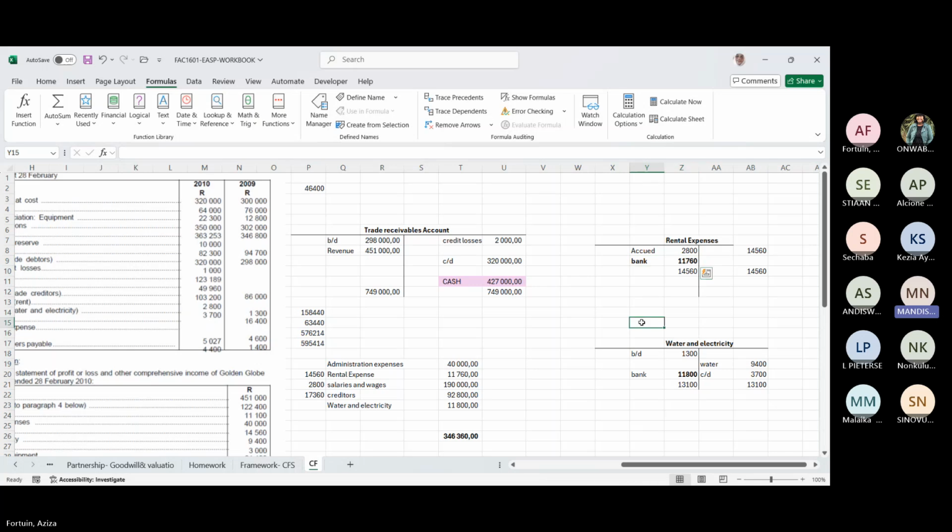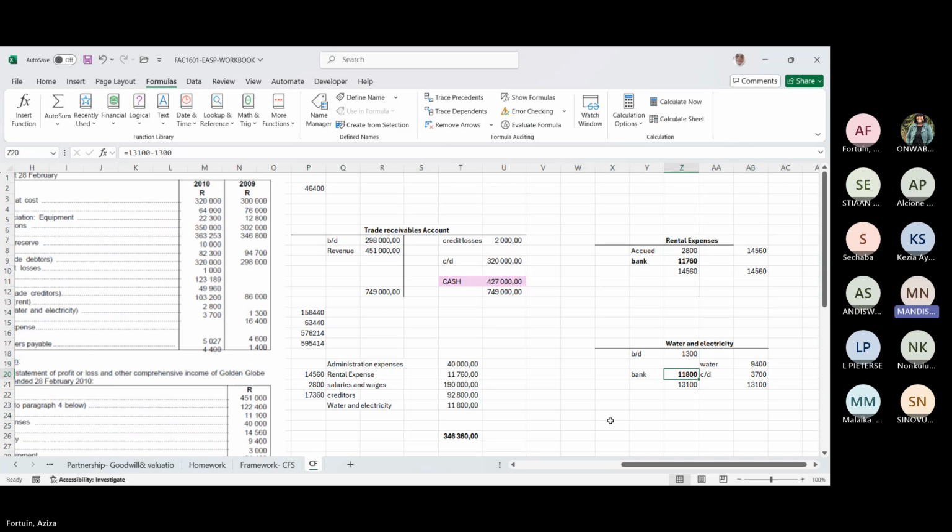Okay, Aziza, I managed to sort that, because I'm now starting with minusing the 3,700 from the 1,300, and then I got 2,400, which I then added to that 9,400.